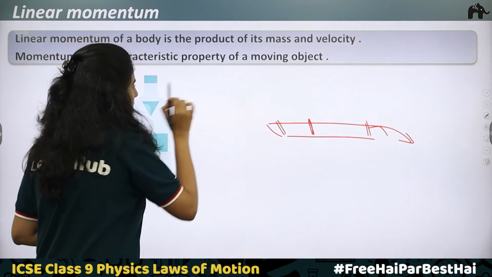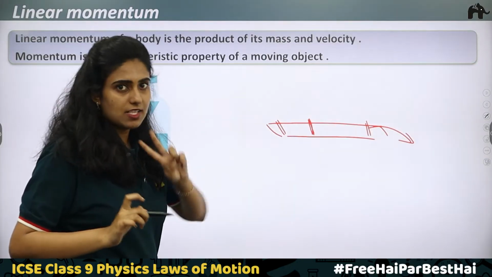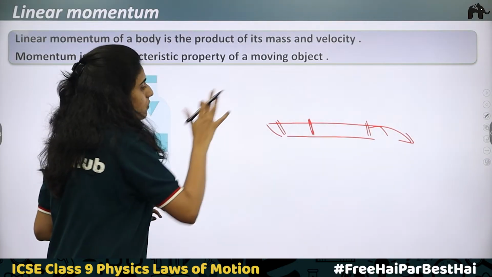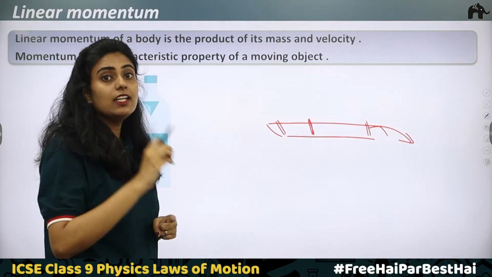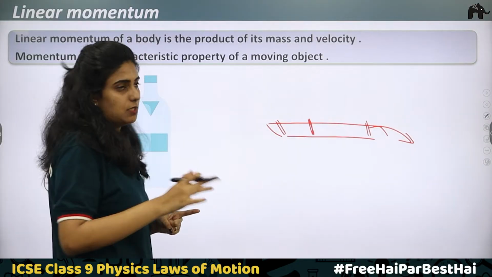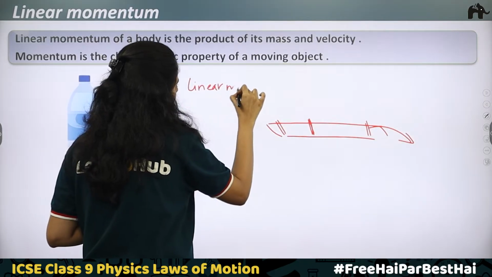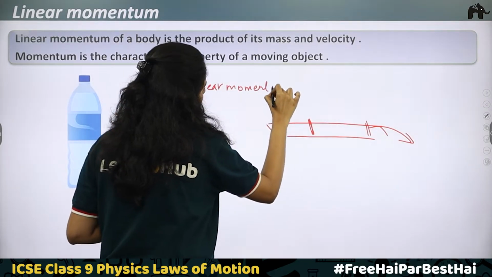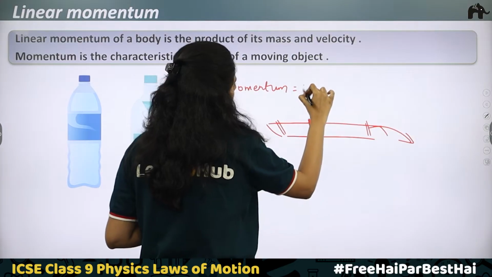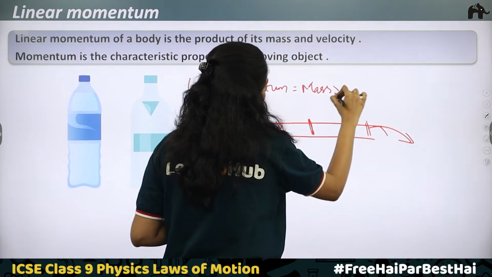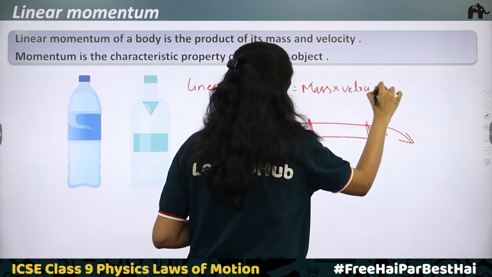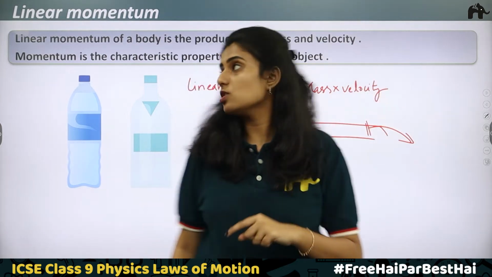So we can say that the two factors are mass and velocity, and when the product of these two factors is taken, you get the quantity called linear momentum. Linear momentum is equal to mass into velocity.